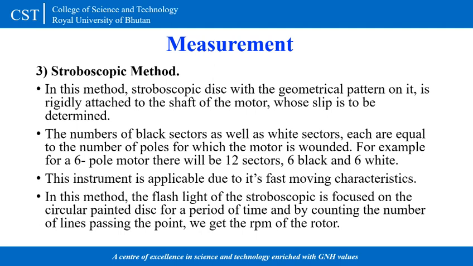In this method too, we have to make use of a squirrel cage induction motor, and the value of N will already be given in the specification of the squirrel cage induction motor, and mostly it will be 1400 RPM.